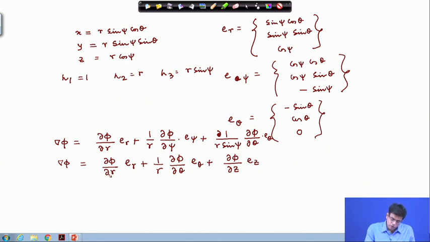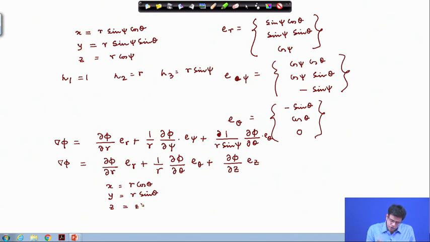Now, x is related with r cos theta, y is r sin theta, and z is z only.